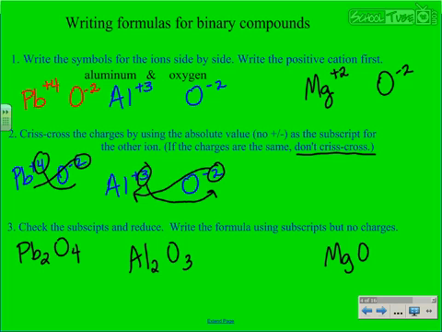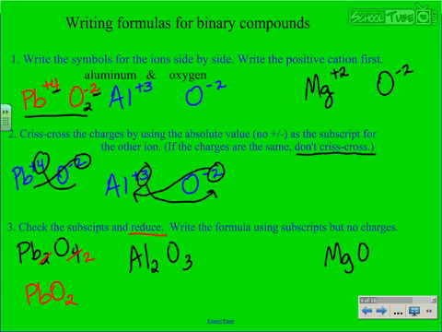But if you look back up here, I have this as +4, and this is -2. If I just had 2 oxygens, would that make me neutral? Yeah, that would make it neutral. So would I really need all of these atoms? No. So we reduce, just like with a fraction, the 2 and the 4 reduce. So PbO2.